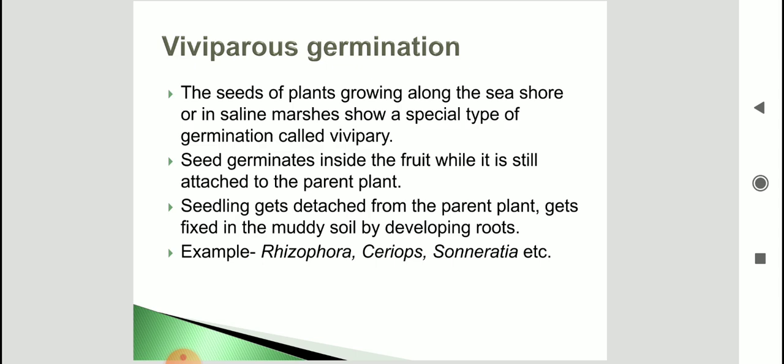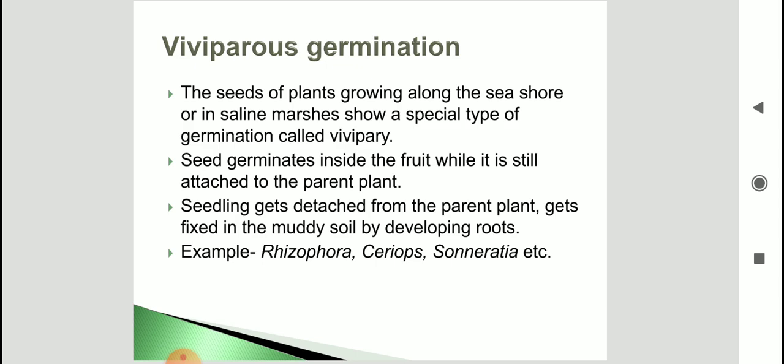They are known as true mangroves, and mangroves grow in dense forests near the coastal regions, in salt marshes. So generally this vivipary will be found in such plants which grow in saline marshes or along the seashore.